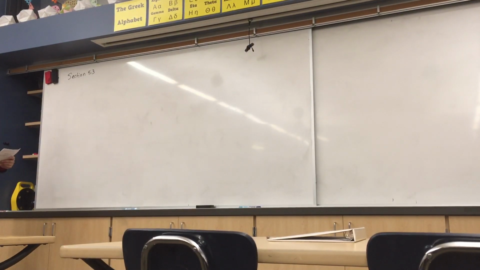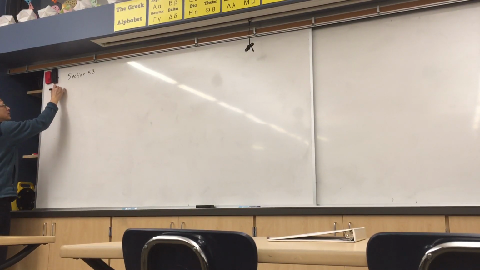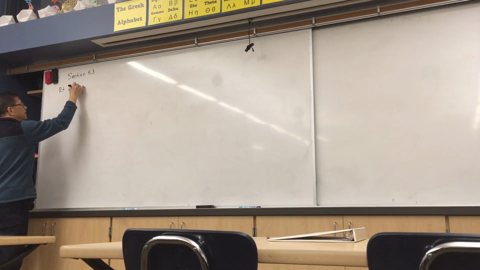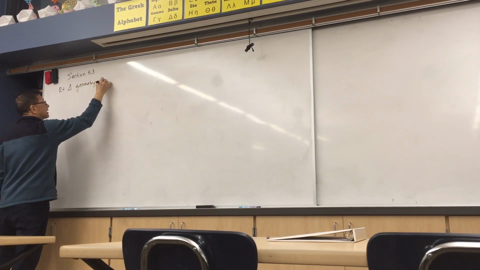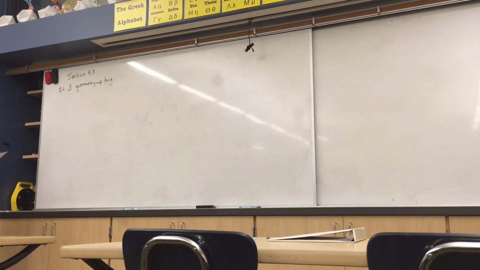Okay. So back in AGS 2, something like that, we were doing right triangle geometry, and that led to right triangle trigonometry. I've been spelling trigonometry wrong all this time.